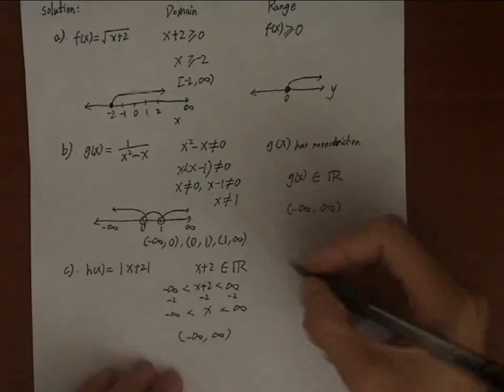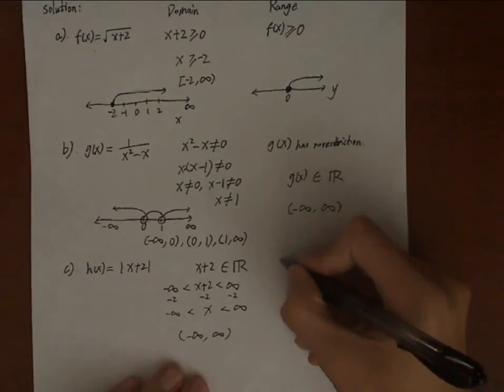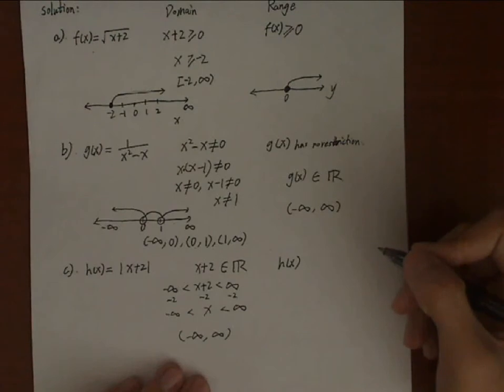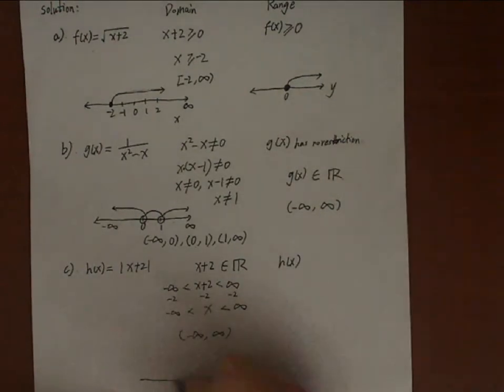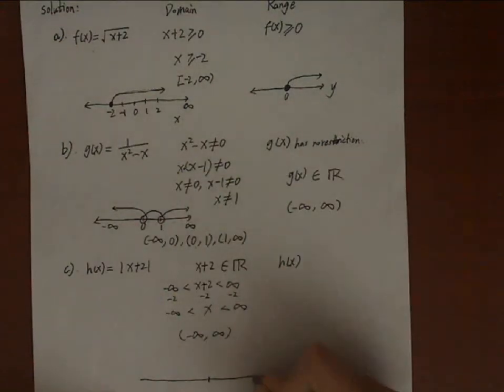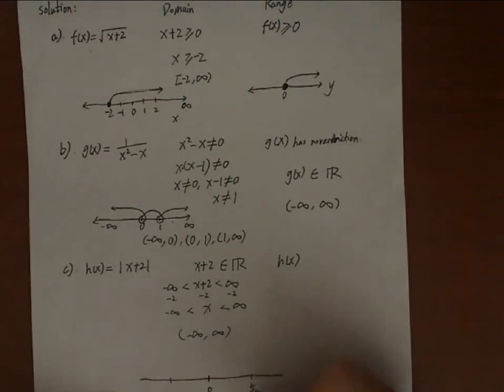Okay. So how about h of x? h of x is the result of the absolute value. If you're familiar with the absolute value, I'm just making this, it is not the answer for those things. But if you've got positive 5, the absolute value of 5 is defined as the distance from this point to the origin.